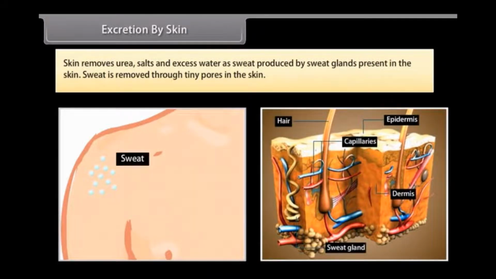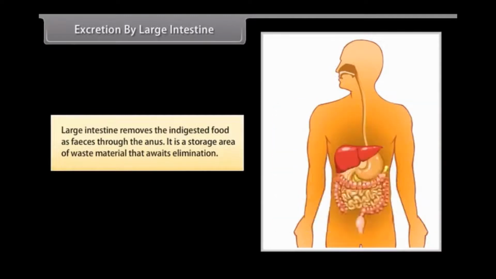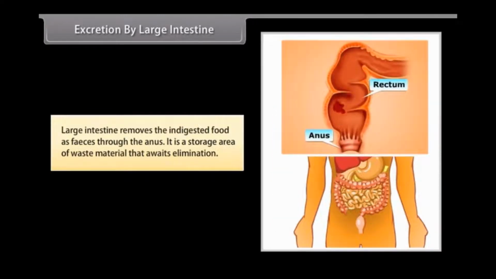Sweat is removed through tiny pores in the skin. Excretion by large intestine. Large intestine removes the undigested food as feces through the anus. It is a storage area of waste material that awaits elimination.